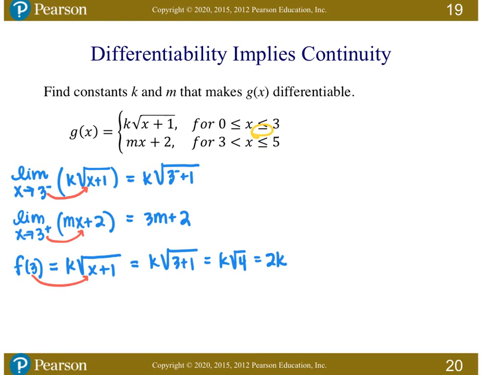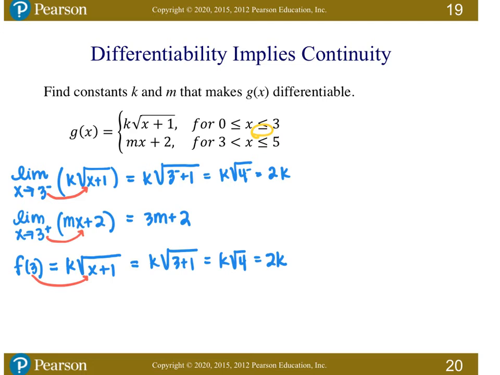3m plus 2 is already simplified, and this will be k times the square root of 4, which is k times 2, or 2 times k. And we really don't need to include the minus once we get to the end there. So 2 of them worked out to be 2k, and 1 of them worked out to be 3m plus 2.